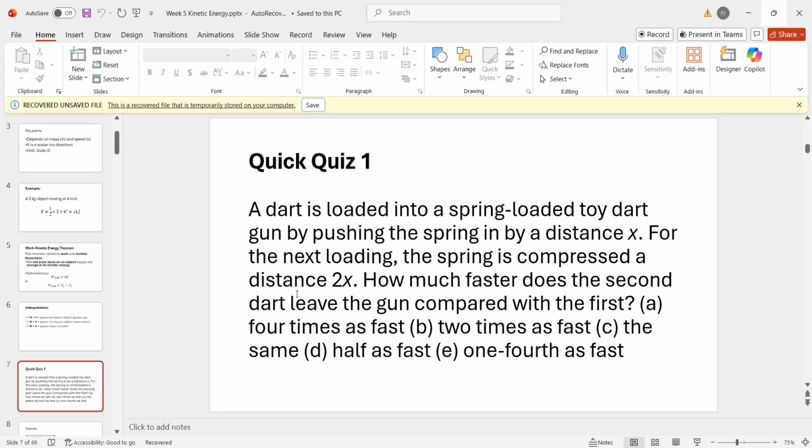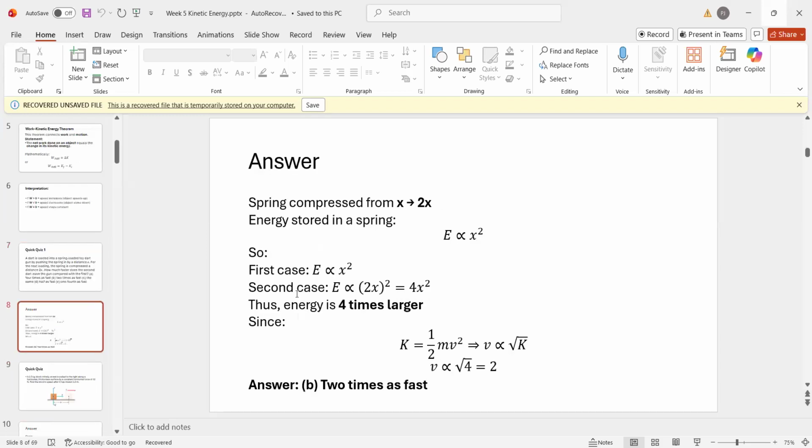So this is a question and we have the possible answers. How do you arrive at your answer? The spring is compressed from x to 2x, that is from the question.